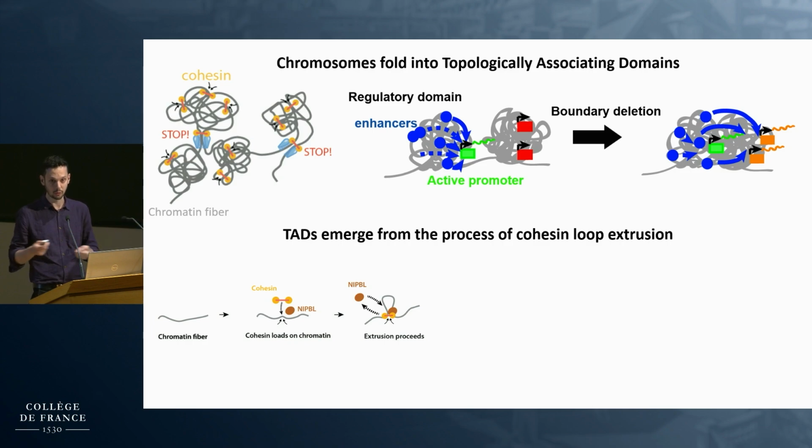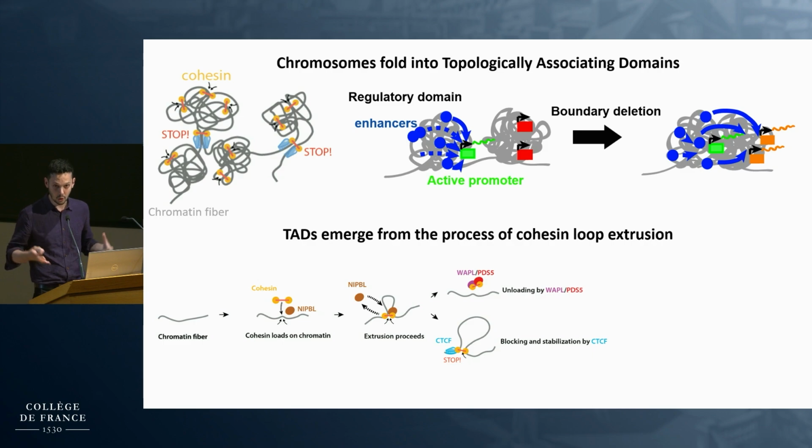It can go uninterrupted for hundreds of kilobases, until cohesin either is unloaded by a dedicated molecular machinery made of WAPL and PDS5, or runs into the binding sites of CTCF, which we and others have shown possesses in its N-terminus an interaction domain that basically poisons the activity of cohesin and locks it in place, so that the loops cannot move past CTCF.